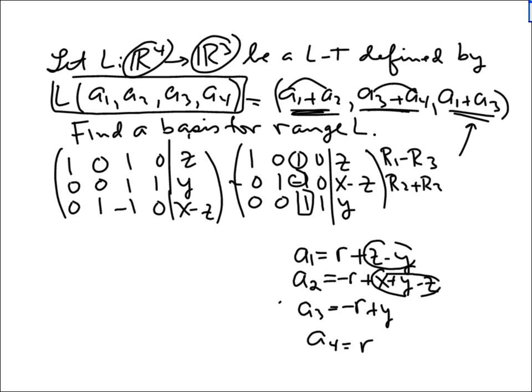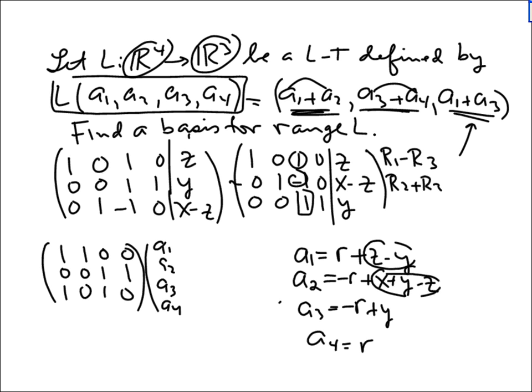In other words, I started with the matrix 1, 1, 0, 0, 0, 0, 1, 1, 1, 0, 1, 0, and I asked myself, what can I multiply it by to get an arbitrary x, y, z?